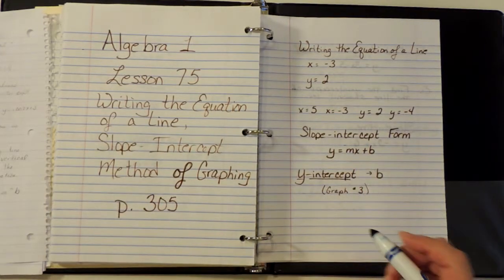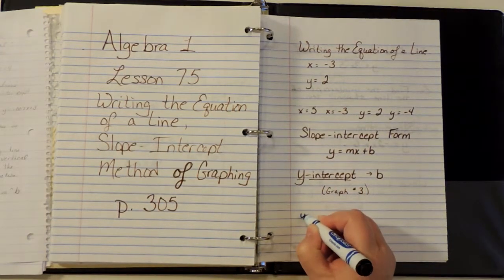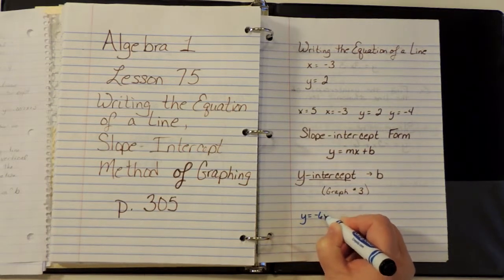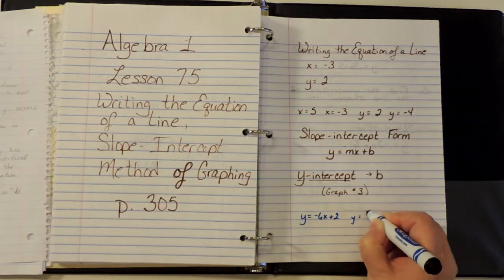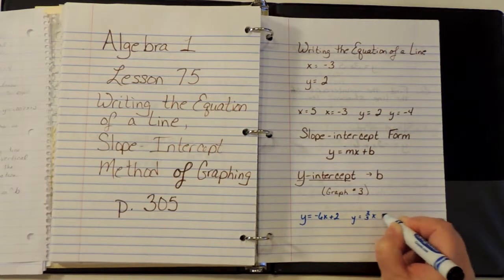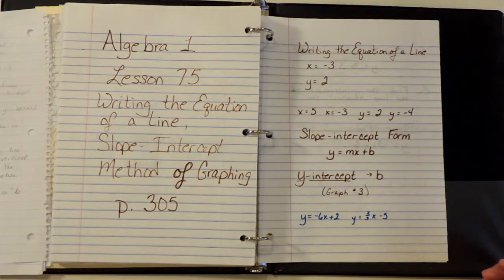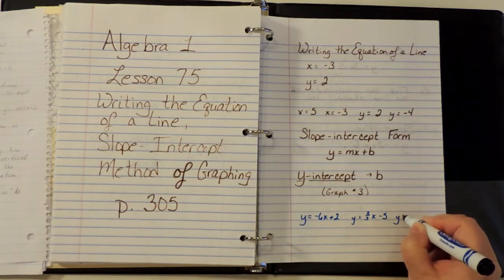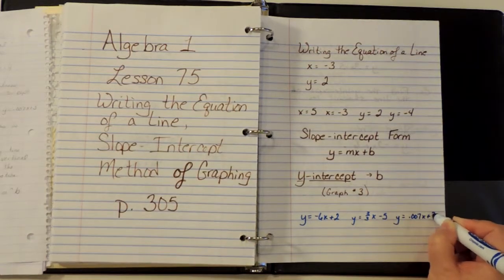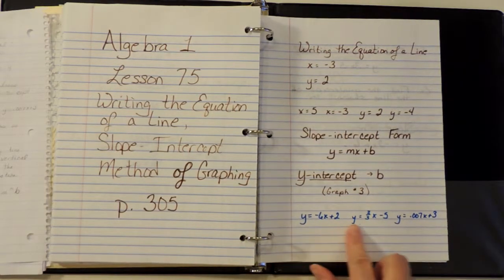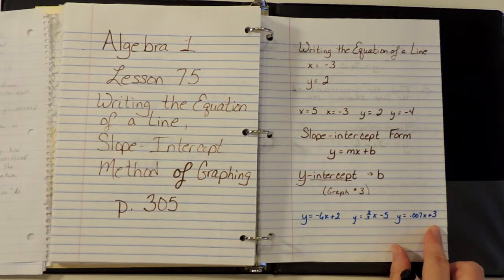Some examples of this could be y equals -x plus 2, or y equals 2/3 x minus 5, or y equals 0.007x plus 3. Okay, these are all equations that are in slope-intercept form.